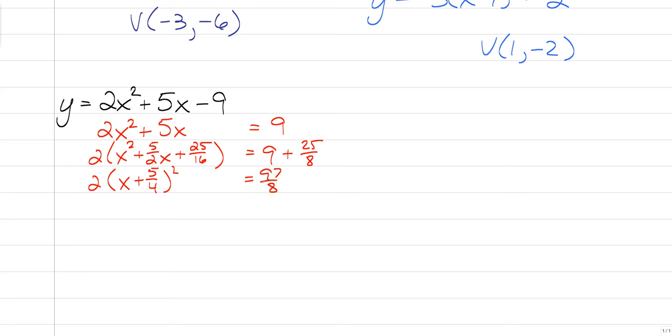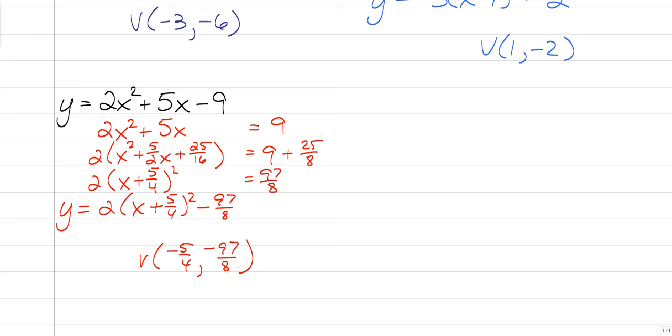So then you would just have to subtract that back over to the other side, throw your y equals back in front, and you have y is equal to 2 times x plus 5/4 squared minus 97/8, with a vertex at negative 5/4, negative 97/8. Okay? And again, it's just writing it in vertex form.